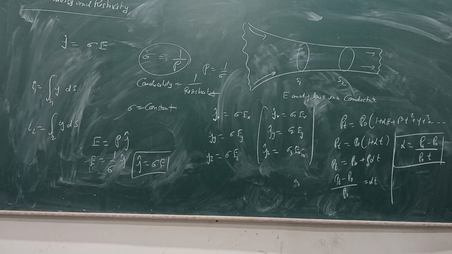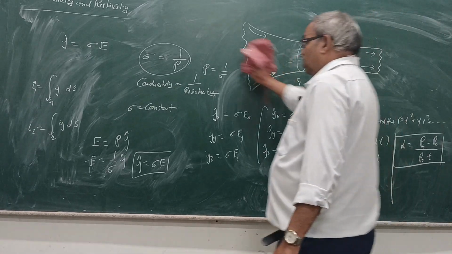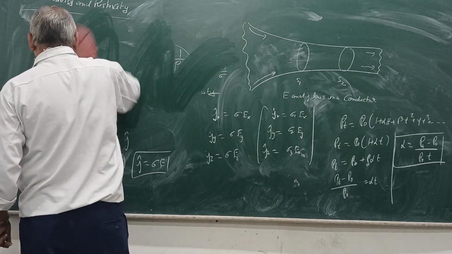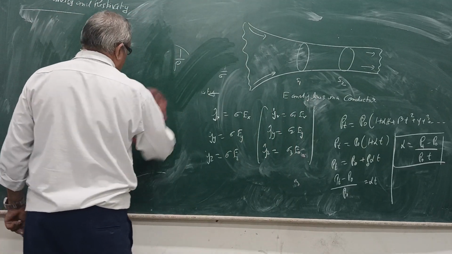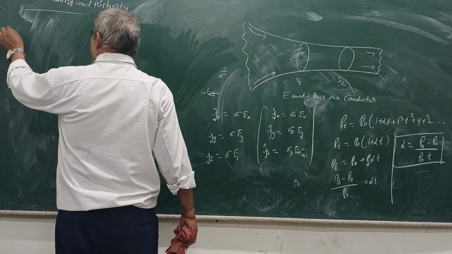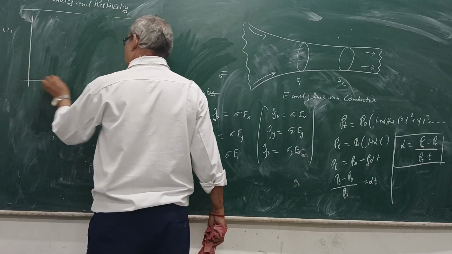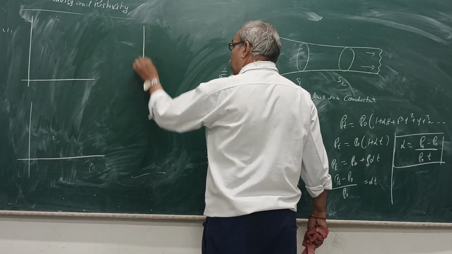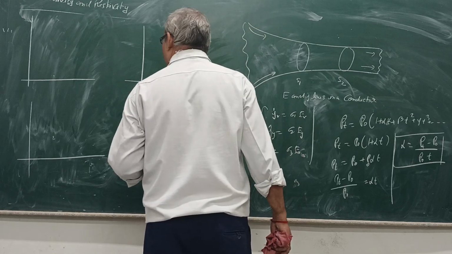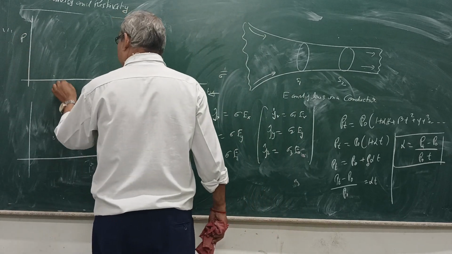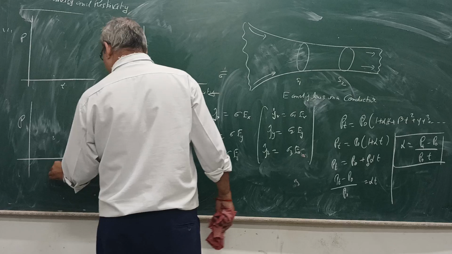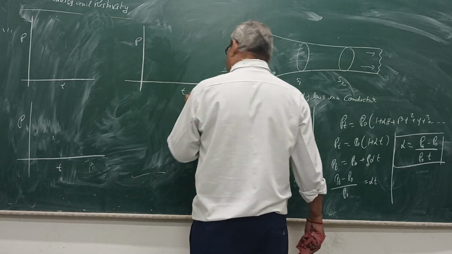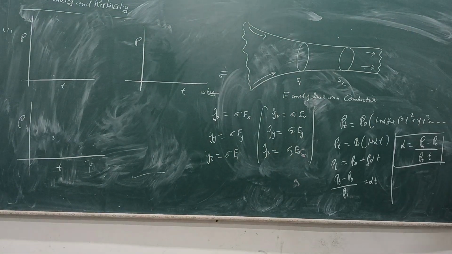Now the plotting of the graph of resistivity versus temperature for three kinds of material: metal, semiconductor and superconductor.